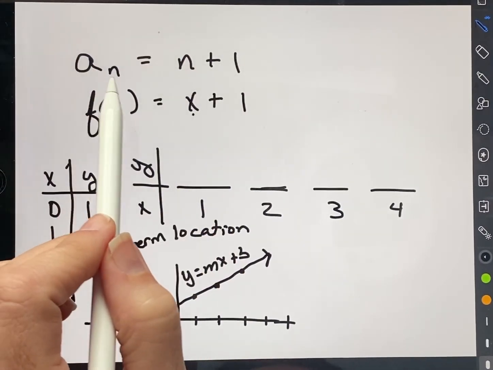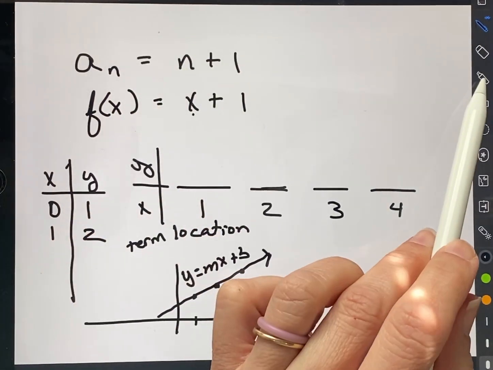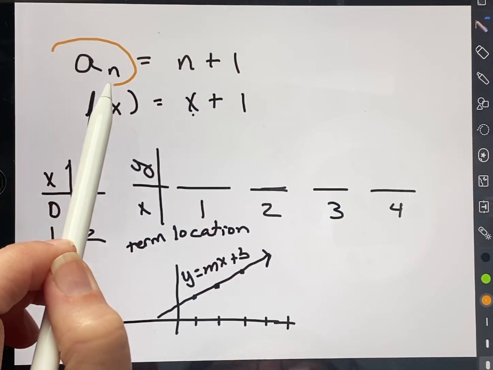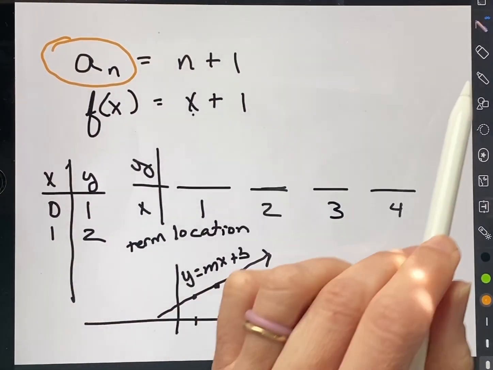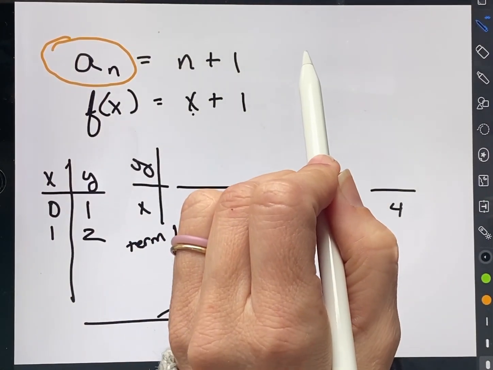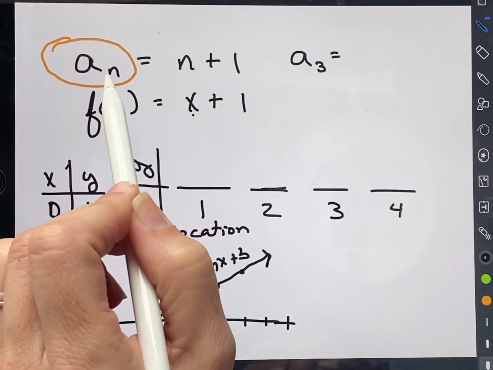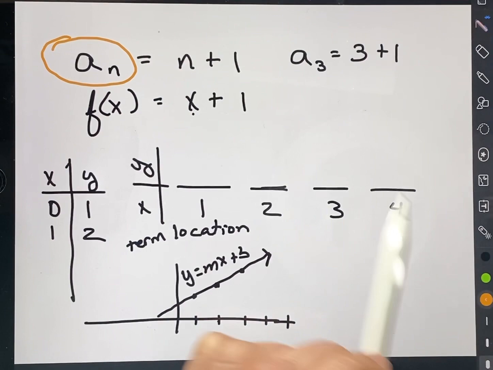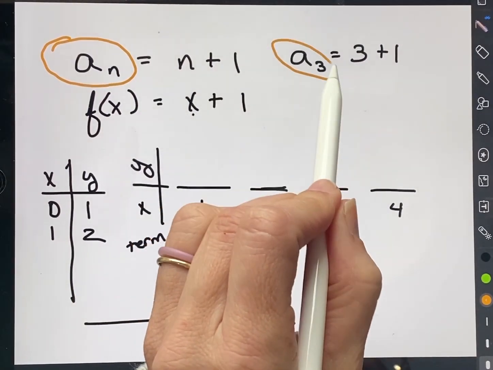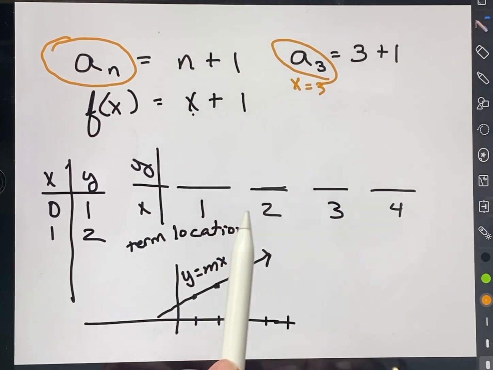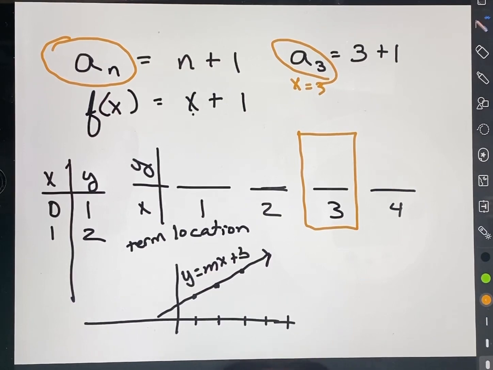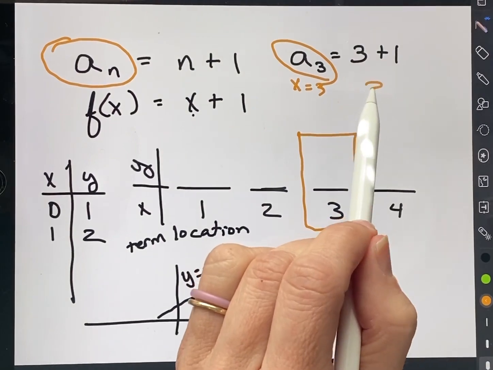So in this case, a sub n equals n plus 1 is really telling us at the term location a sub n. Let's put a real number in here. If we do a sub 3, our n value, notice it has to be the same, would be 3 plus 1. This is saying at the third location, or when x equals 3. So I'm going to be looking at the third location of my sequence. The third number in my sequence is going to be what?